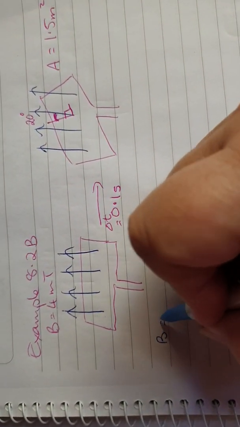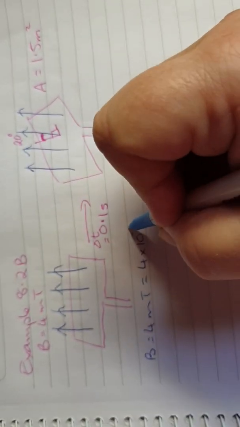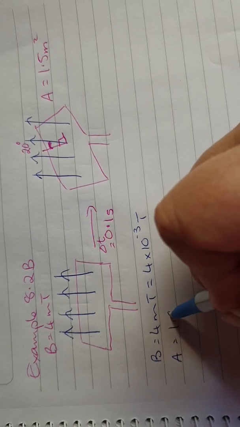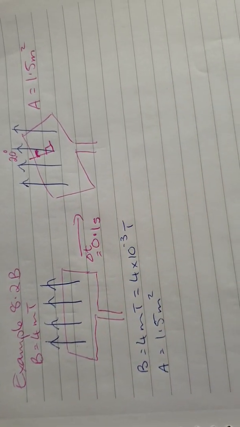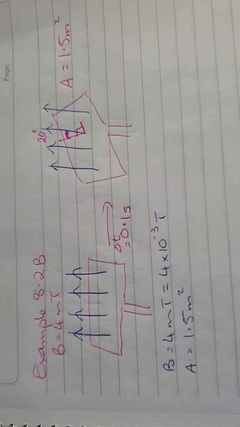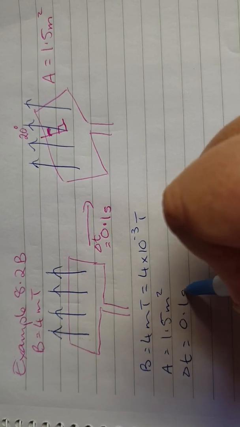So what have we got? We've got B equals 4 milliteslas. That's 4 by 10 to the negative 3 teslas. We have the area is 1.5 meters squared. We have delta t, 0.1 seconds.